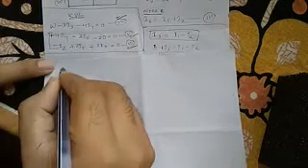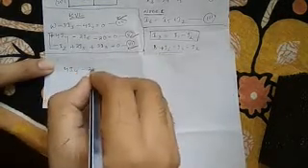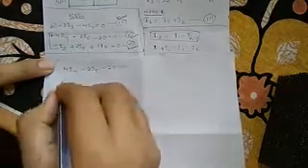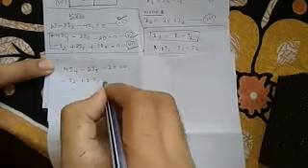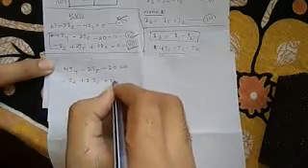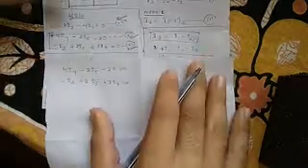Here 4I4 minus 2I5 minus 20 is equal to 0, and minus I2 plus 2I5 plus 3I3 is equal to 0.